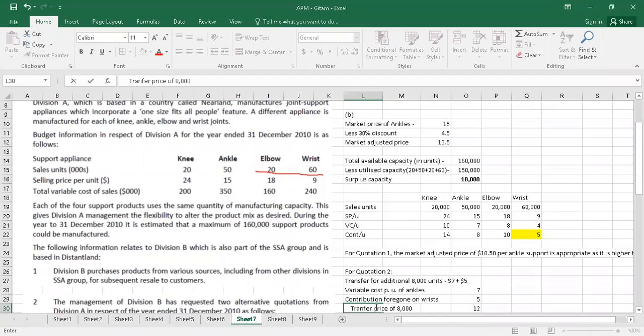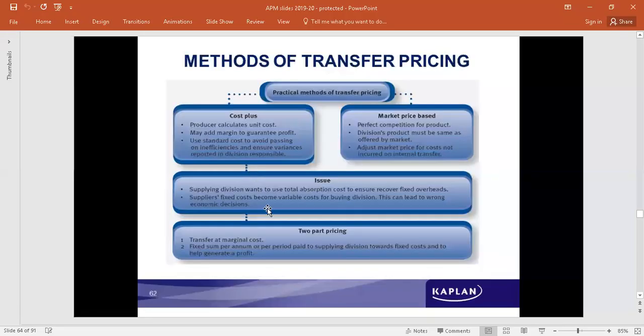8,000 units will be 12. So for quotation 1, 10.5 is appropriate, but not for quotation 2. For quotation 2, the additional 8,000 units will require a transfer price of 12. Dual transfer pricing is also allowed. It's not that uniformly it should be the same price. So they also see two-part pricing: transfer at marginal cost, plus a fixed sum per annum.